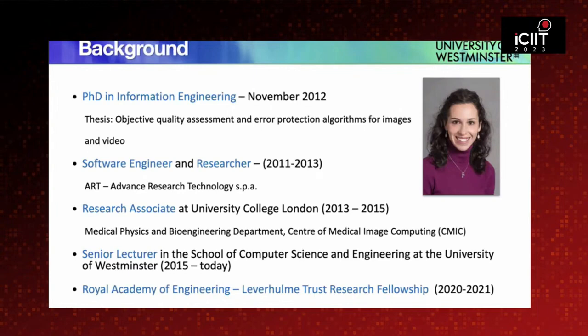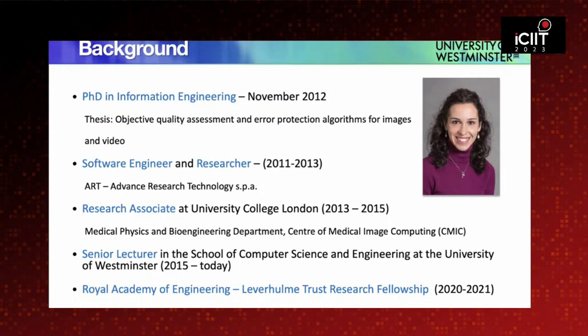So this is me. I received my PhD in information engineering from the University of Perugia in Italy. I was working mainly on image and video processing, developing objective quality assessment and error protection algorithms for images and video.